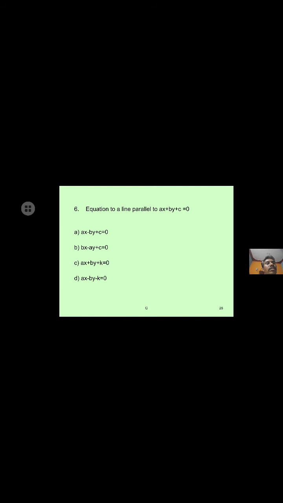And in the third, ax plus by plus k equals to 0. So the third is matching, because the x and y coefficients are the same, only the constant is not the same. So we can say the line parallel to ax plus by plus c equals to 0 is ax plus by plus k equals to 0. So answer is C.